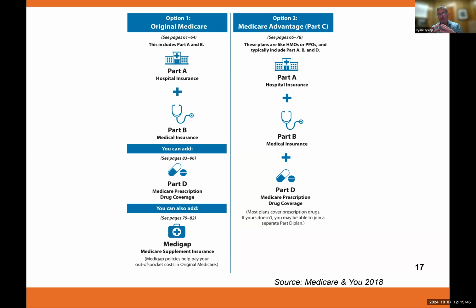Typically, I see people that were on a plan like a Kaiser plan prior to 65 stick with the Medicare Advantage plan. And those that had a different type of plan, like the high limit plan at UCSD, tend to go with some type of supplement.